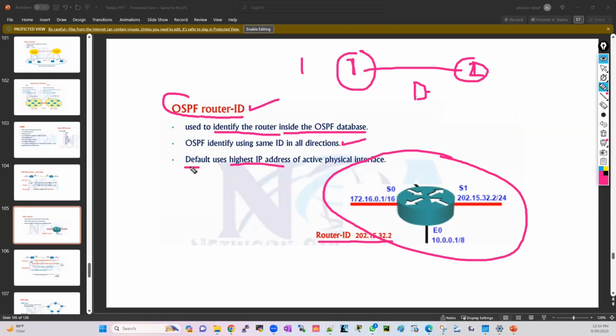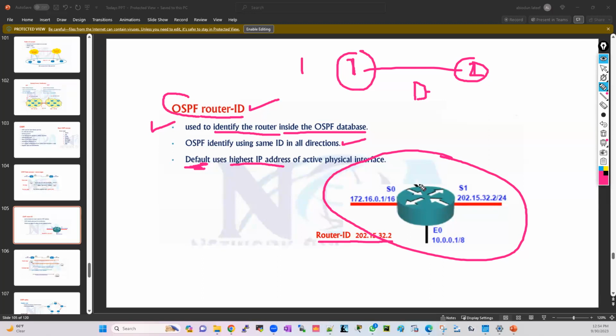That's why it says default. If we fail to configure or specify our router ID, OSPF will use one of the IPs to represent the router, to identify it.